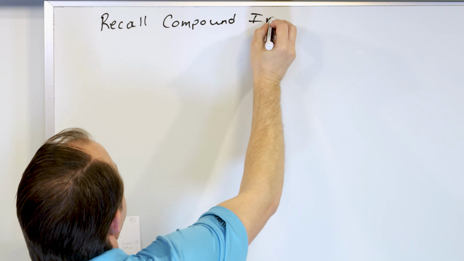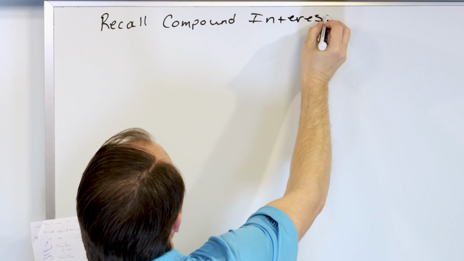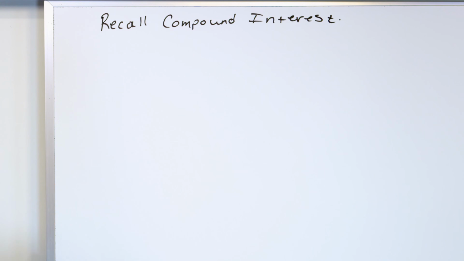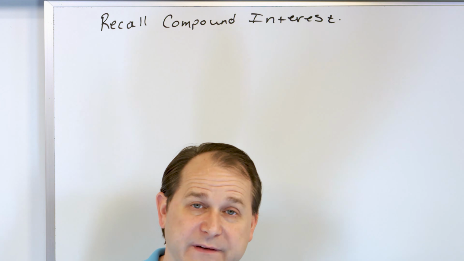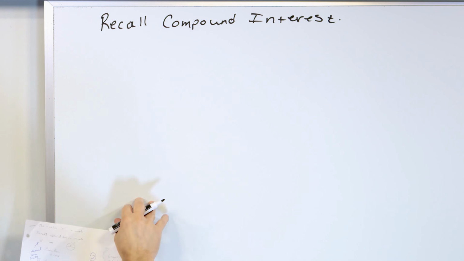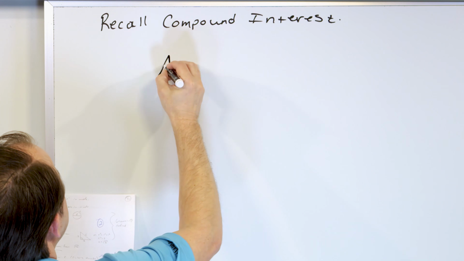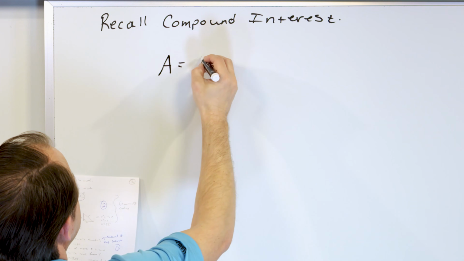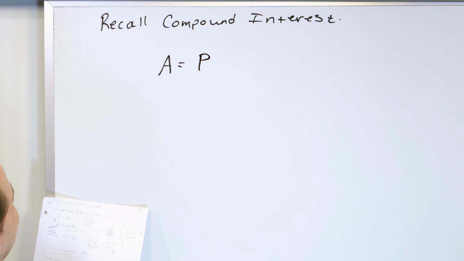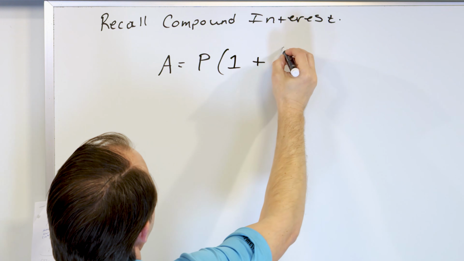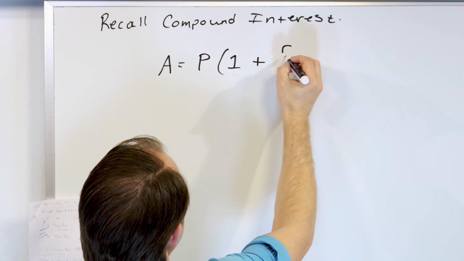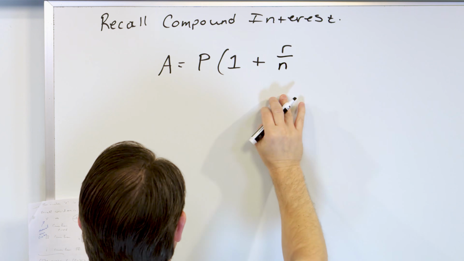And I would say, if you haven't watched my lessons on compound interest, I would highly recommend you do it first because I extensively talked about this formula in the past. But we're going to go ahead and write it down again. The value of money at some time in the future is equal to whatever you invest. We call that the principal, multiplied by 1 plus whatever the annual interest rate is, divided by the number of compounding periods.